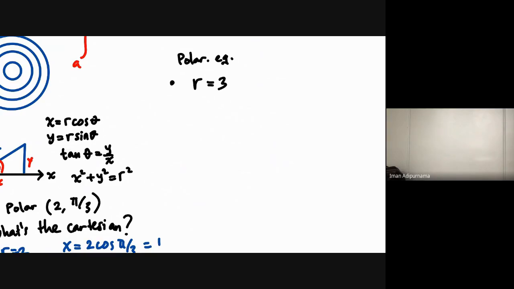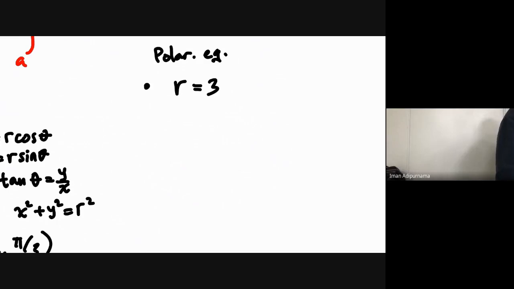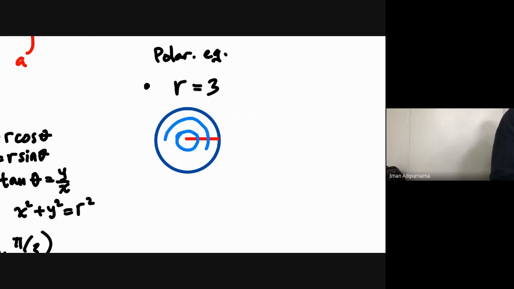If you have a polar equation that is just saying r equal 3, meaning you will have a circle with r is 3. Okay, for example, if this is 1, this is 2, and this is 3.